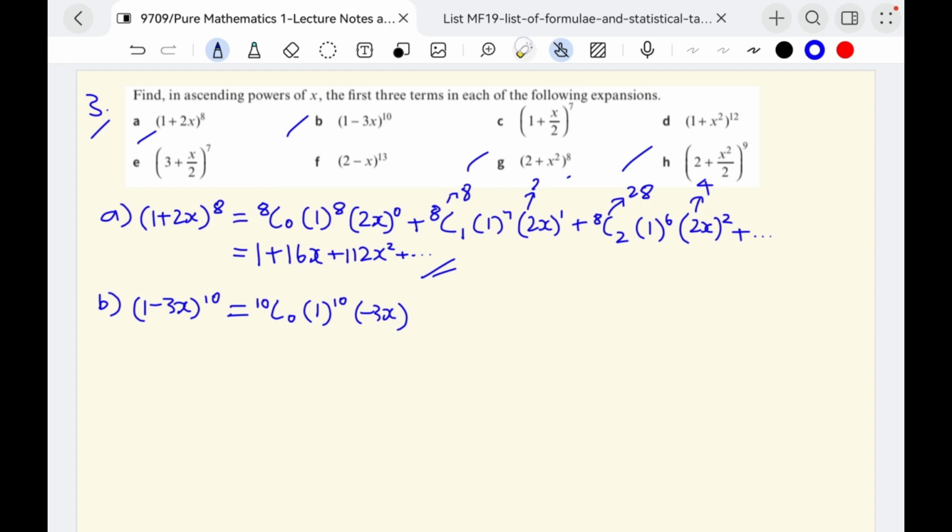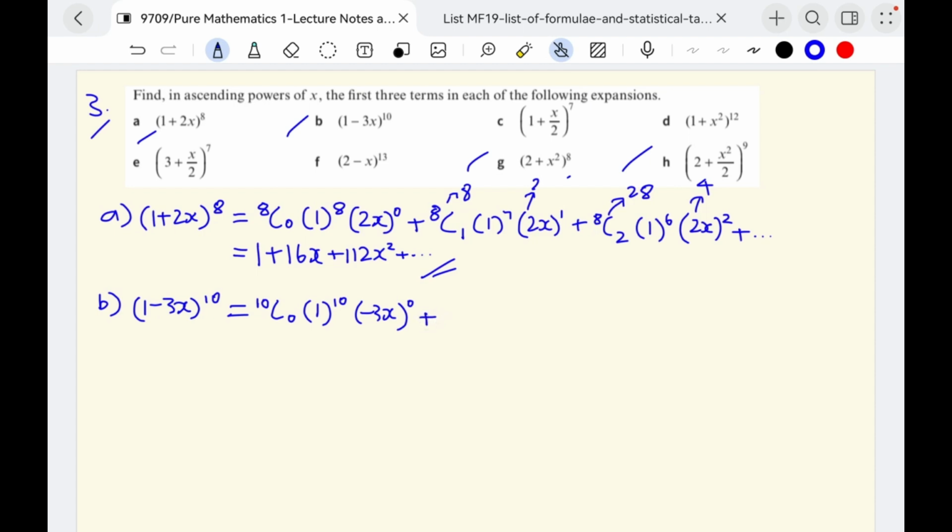If you want to apply the formula correctly and properly, the minus 3x, you must treat it as b because of its original formula that validates the use of the binomial expansion. The coefficient of b must be positive 1. So therefore, b is negative 3x in this case. So negative 3x to the power of 0 for the first term.